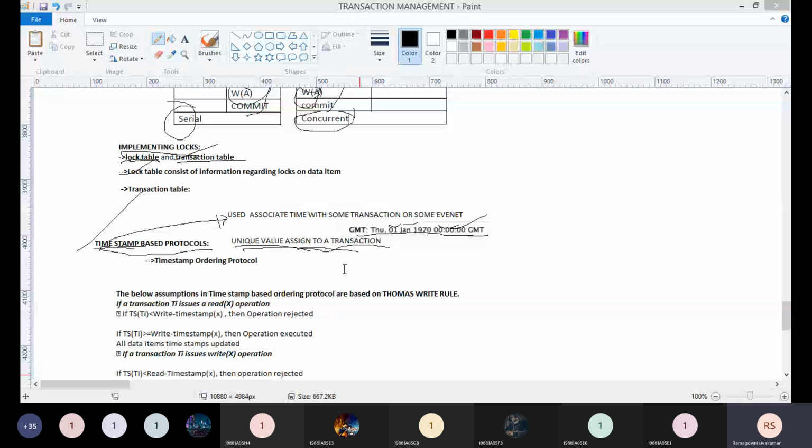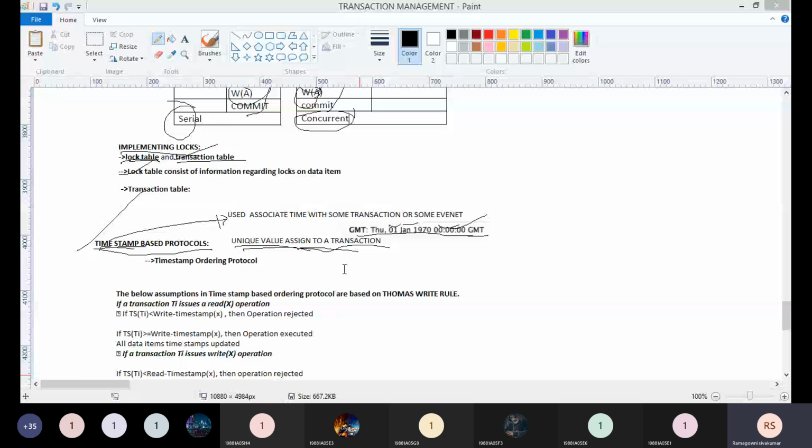Every transaction has a timestamp associated with it. Remember this, then only can we understand the timestamp based protocol. Every data item is given a timestamp. This lets the system know when the last read and write operation was performed on the data item.